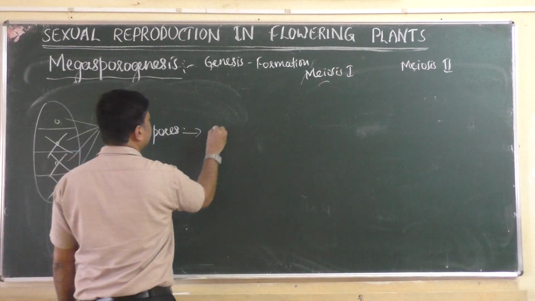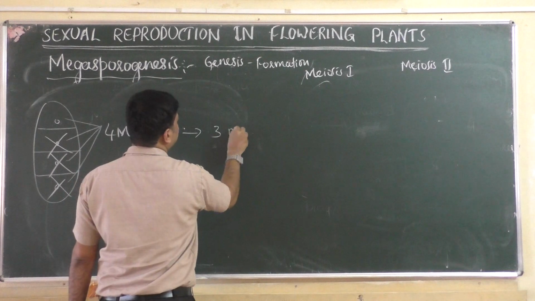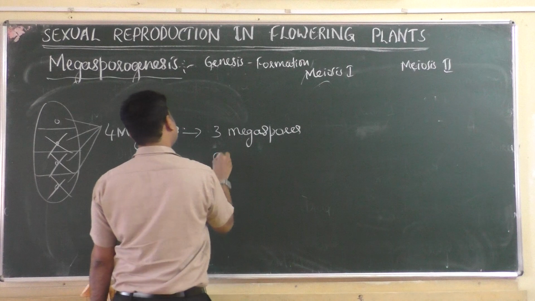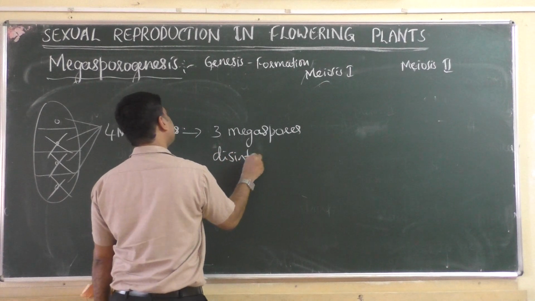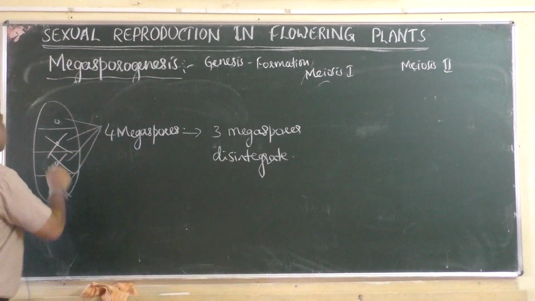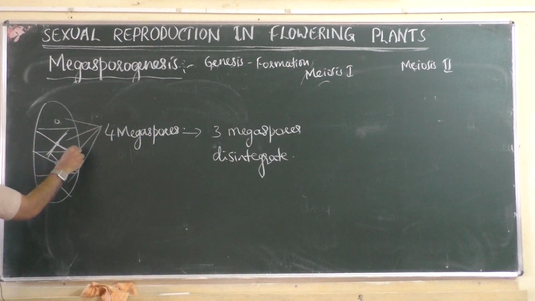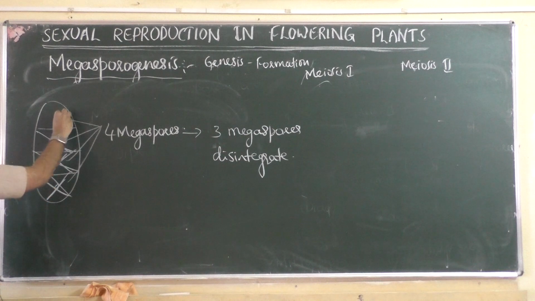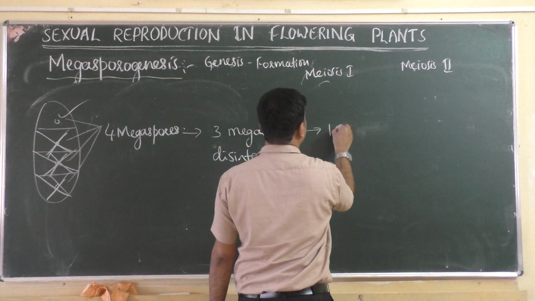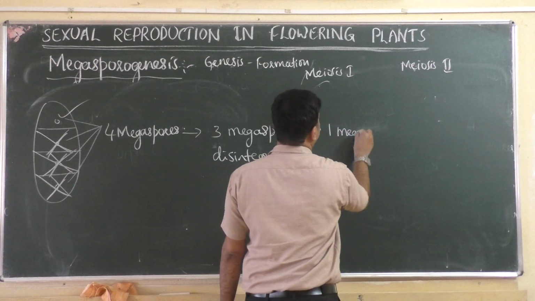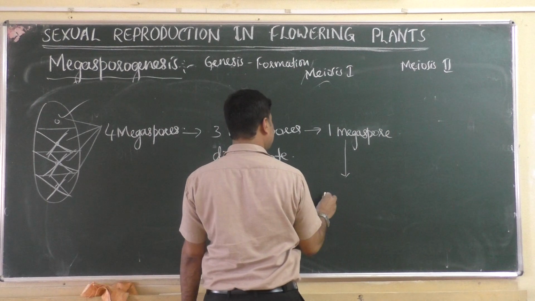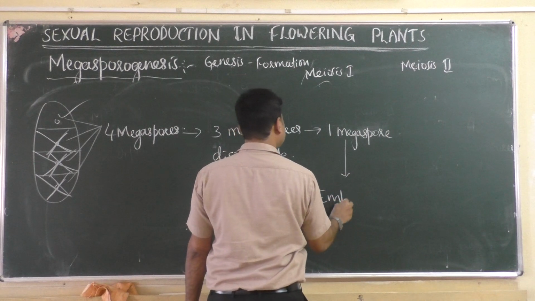So 3 megaspores disintegrate. How many remain now? 1. This disintegrated, this also disintegrated, this also disintegrated. Only 1 remained. So a single megaspore remains, and this single megaspore produces embryo sac.